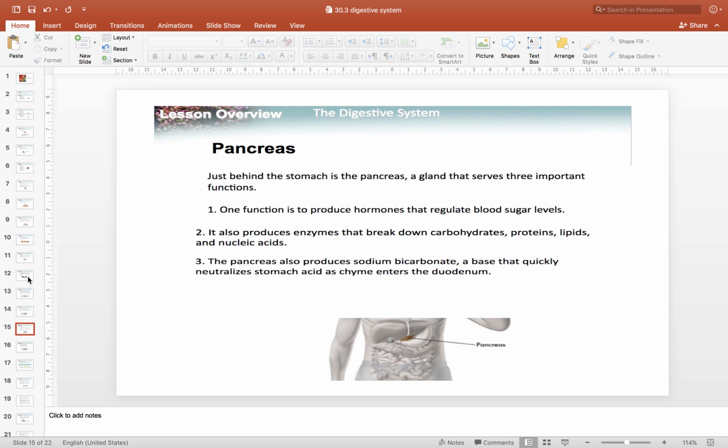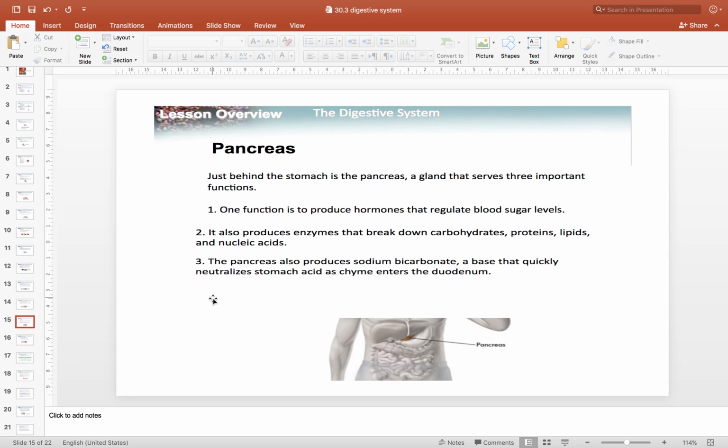So the job of the pancreas is three functions. One, it produces a hormone to regulate the blood sugar levels. And two, it will break down the carbohydrates, proteins, lipids, and nucleic acids. The pancreas will also quickly neutralize the stomach acid as it enters the duodenum.